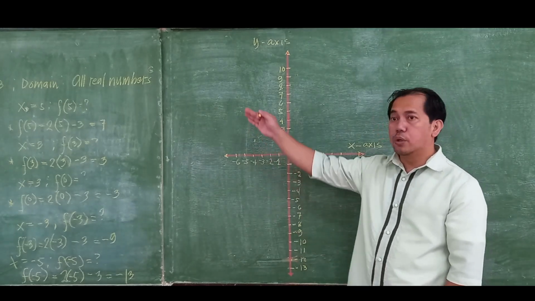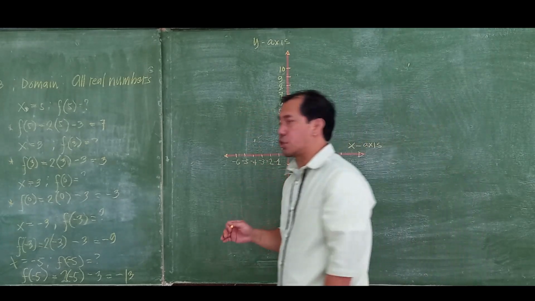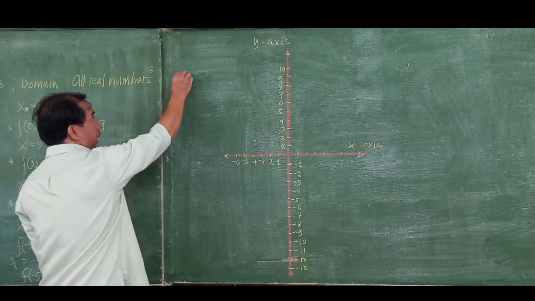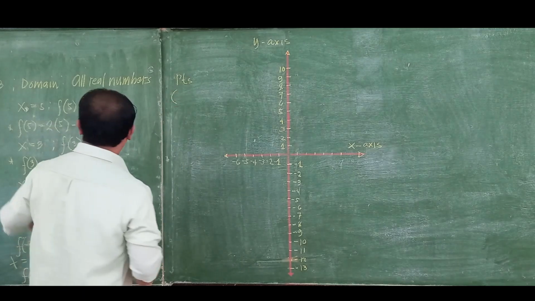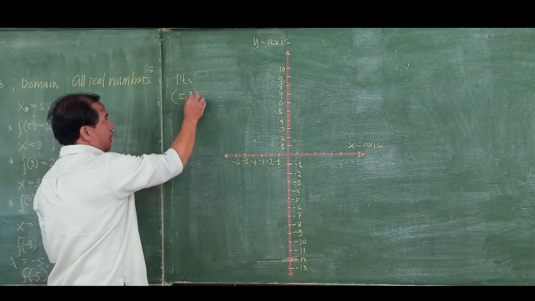Now you itemize, or state them one by one as points. So the points that we are going to plot would be 5 and 7.